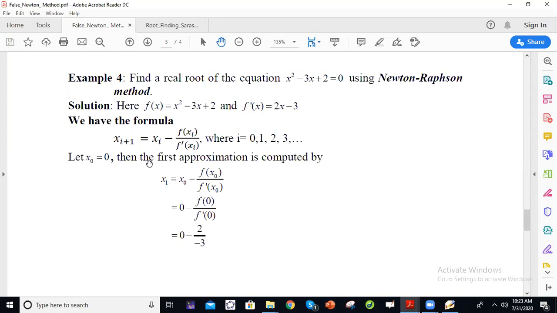Let's say x naught equals 0 is the first approximate solution. You may ask a question here: how can we choose the initial guess? Sometimes we need to guess. How can we guess? Just we need to see tentative roots, which you find out. What kind of problem do we take? A problem which has no analytic solution or the solution is more tedious.